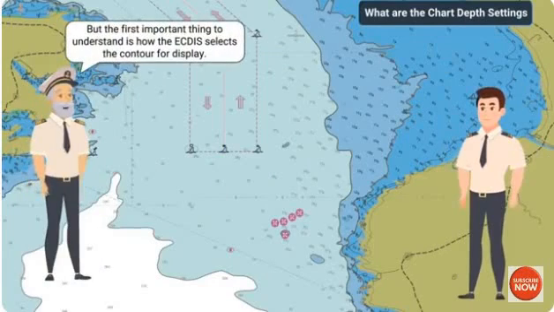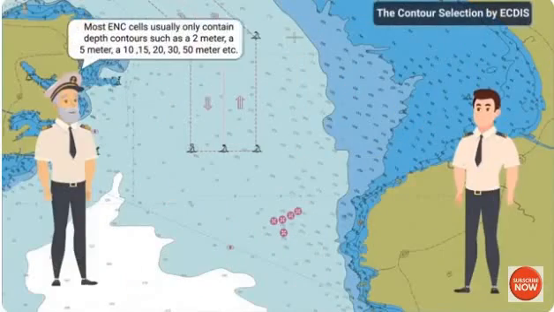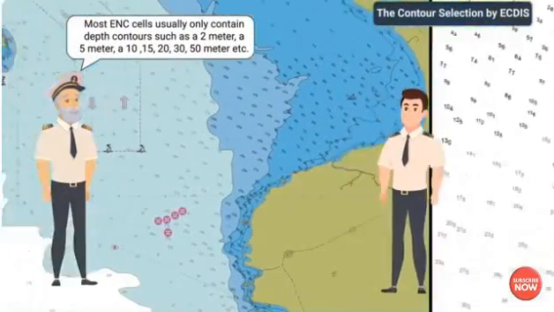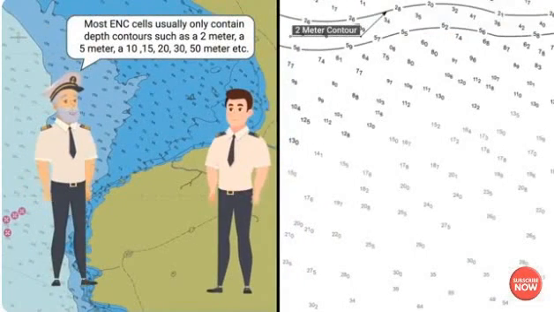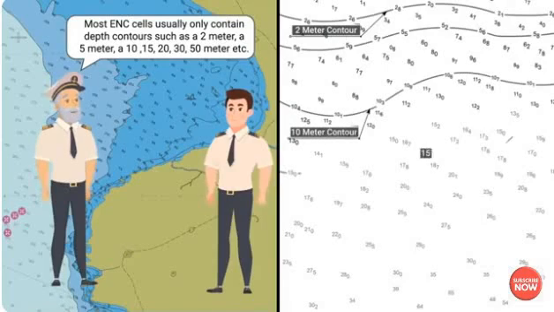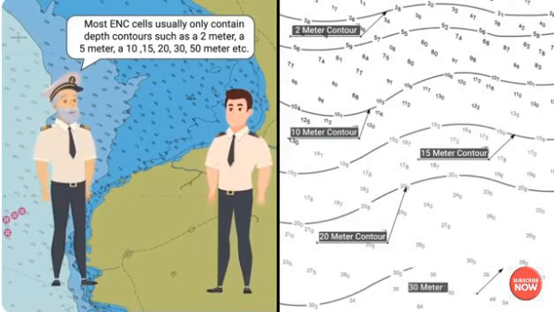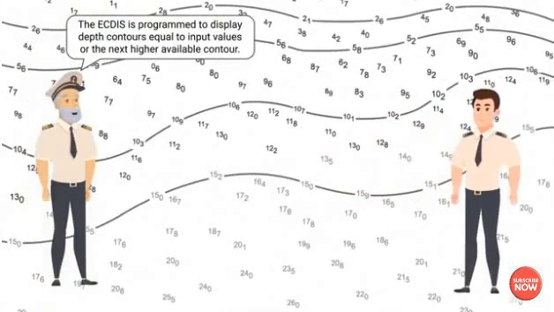But the first important thing to understand is how the ECDIS selects the contour for display. Most ENC cells usually only contain depth contours such as a 2 meter, a 5 meter, a 10, 15, 20, 30, 50 meter, etc. The ECDIS is programmed to display depth contours equal to input values or the next higher available contour.